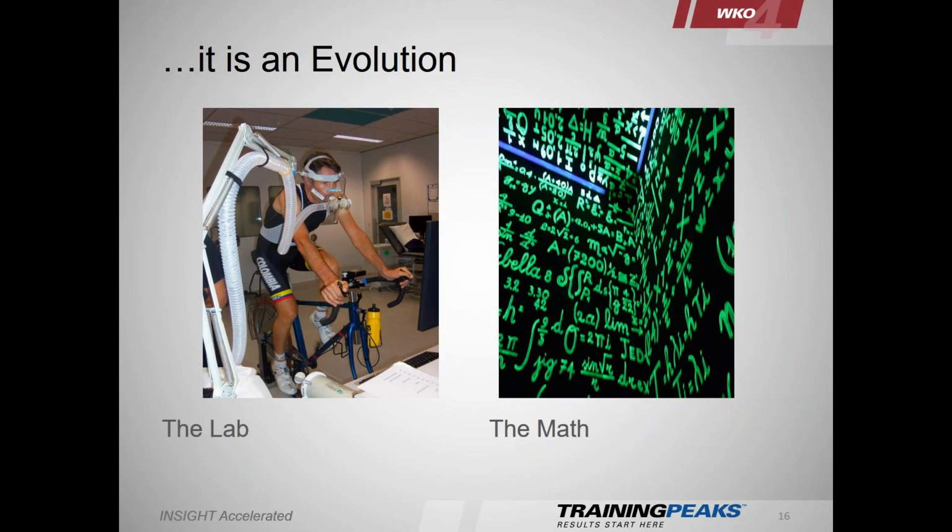I'll give you one example here, and then we'll look through numerous as we start getting into it. Let's take a classic measurement you go into a lab for. You can go into a lab and get a VO2 max test. And a VO2 max test gives you excellent insight into performance.